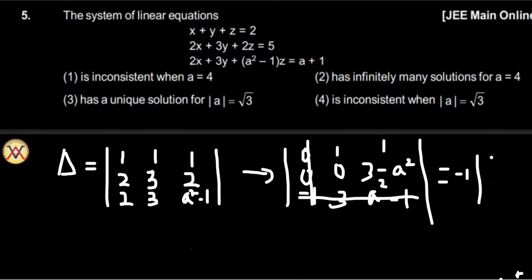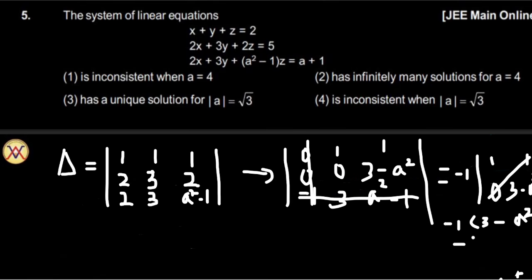So that is 1 and a 0 and a 1 and a 3 minus a square, right? Now when you solve this, you can see that this term is 0. So we cut this. Minus 1 into 3 minus a square, right?